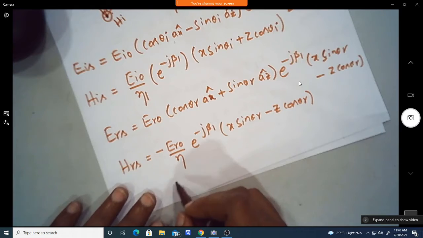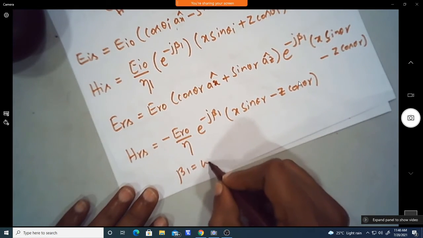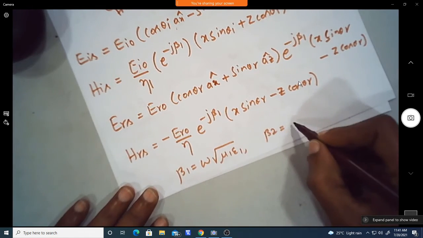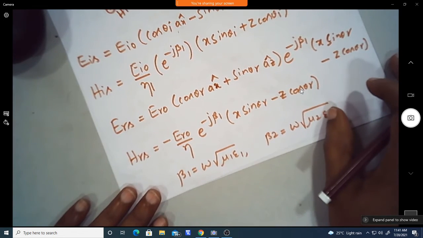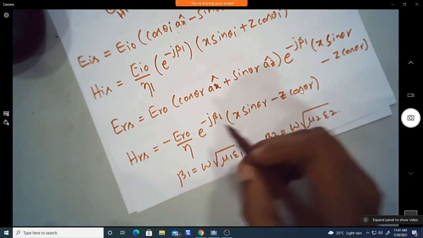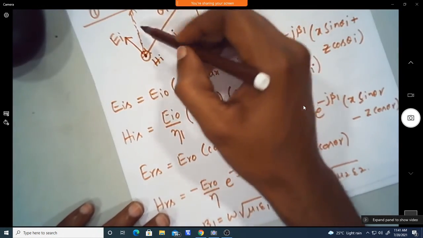Okay, so we have already seen beta 1, where beta 1 is equal to omega into root of mu 1 epsilon 1, and beta 2 is equal to omega into root of mu 2 epsilon 2. Okay, so now we can see here, in order to get each field component, first we need to see what is the direction of the propagation vector, and we have to resolve these two components.